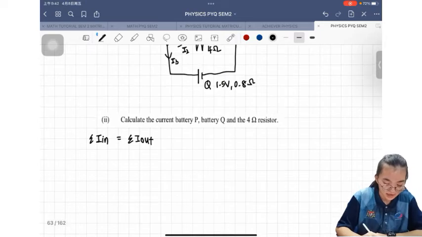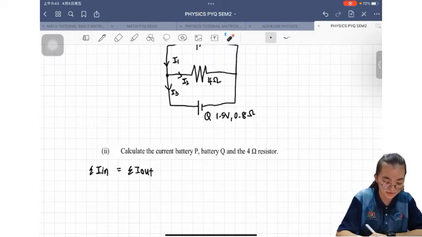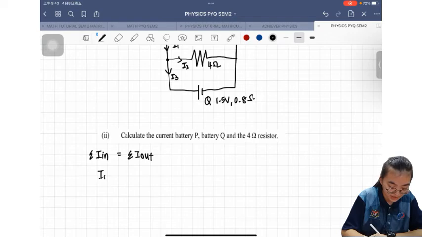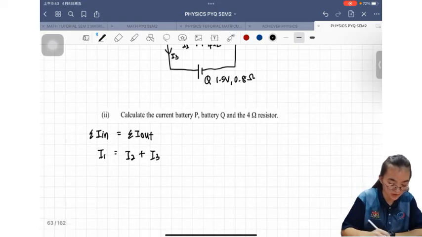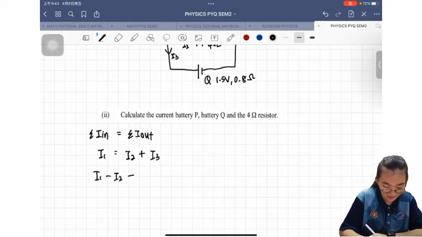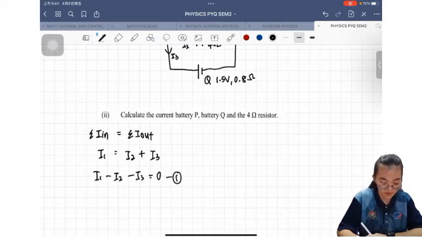We know the current in is I1 and the current out is I2 and I3, so I1 equals I2 plus I3. And we can form the first equation, which is I1 minus I2 minus I3 equal to 0.